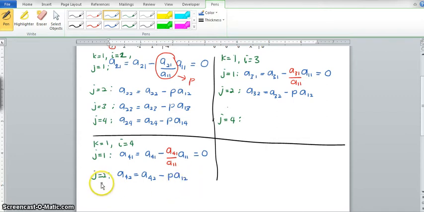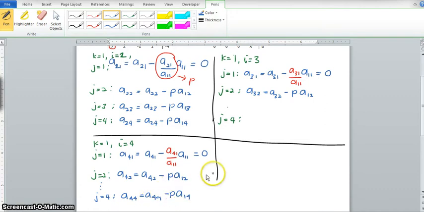We use the same formula for j equals to 4, so A44 equals to A44 minus P times A14.